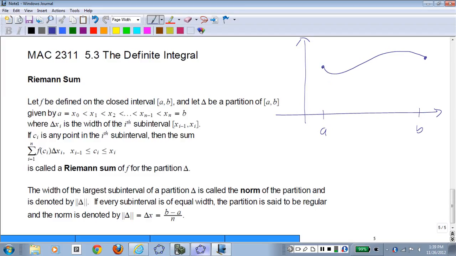What's going to be different is that instead of having little subintervals of equal width, all b minus a over n, they'll vary. Just imagine a partition where x sub 0 is right there, and x sub n is right there, but maybe x sub 2 is way over there, and then x sub 3 is real close, and x sub 4 is even closer, and x sub 5 is like that, and then we get to x sub n. Just kind of random, although I won't say random.